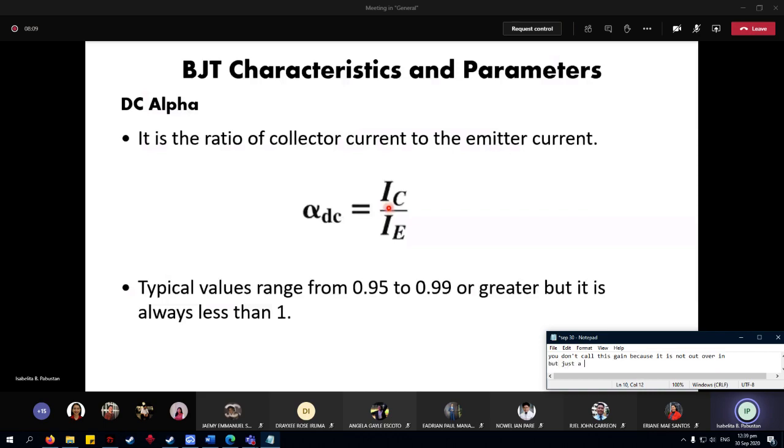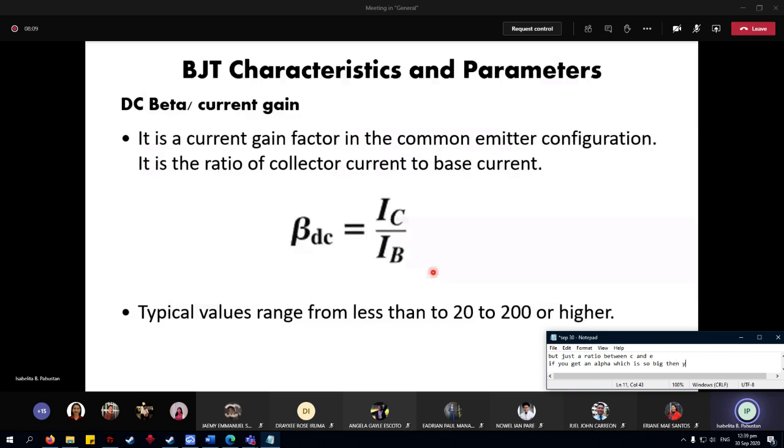You will never get a value here which is so large. That is how you will know if the values that you are getting are wrong. If you get here an alpha which is so big, then your answer is wrong, or maybe the given is wrong.